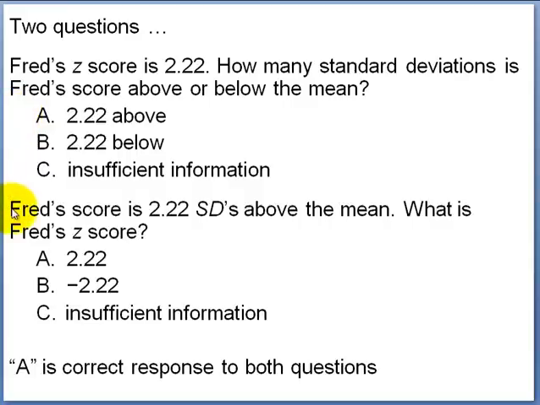And the second question states, Fred's score is 2.22 standard deviations above the mean. What is Fred's z-score? And the correct answer is that his z-score is 2.22. So z-score and how many standard deviations a score is above or below the mean are the same thing. And I think that concludes Chapter 5.